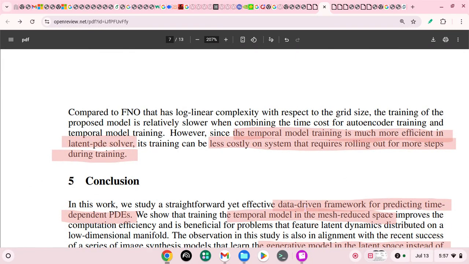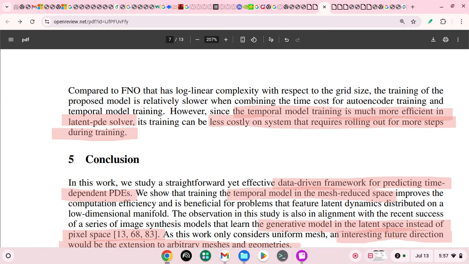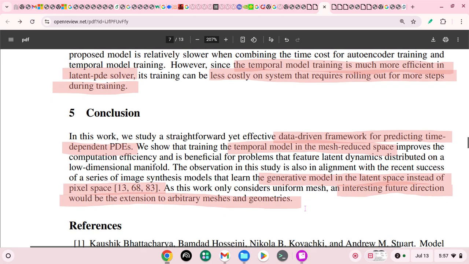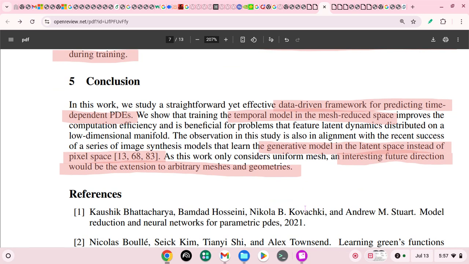So what the authors claim here is they build a purely data-driven framework for predicting time-dependent PDEs, and the temporal model is evolved in a much reduced space. Evolving in a reduced latent space is similar to a generative model in a pixel space.